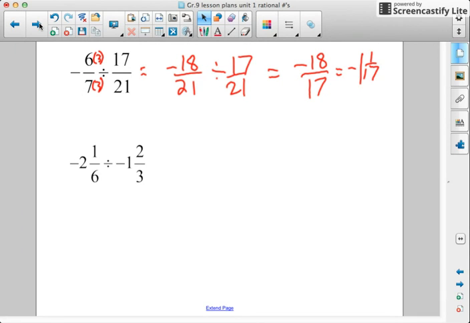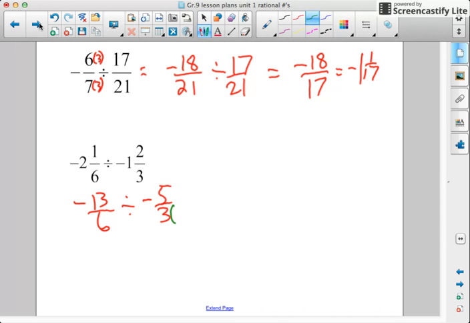The bottom question here, we need to change them to improper fractions first. This ends up being negative 13 over 6 divided by negative 5 over 3. So my common denominator would be 6. So let's multiply this by 2.